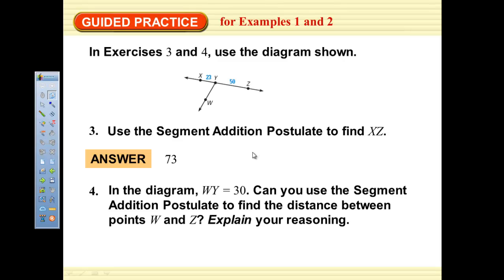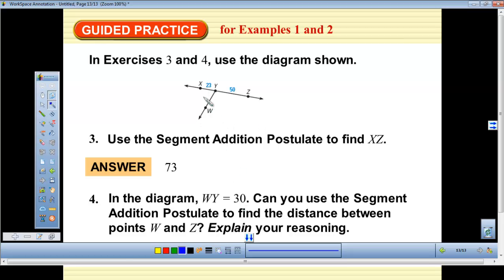For the second part of this, we're going to look at the same diagram, and it says that WY, from here up to here, is 30, and we want to know the distance from W to Z. Now the problem is we don't know what the distance from W to Z is, and that's because W is not in between X and Z. Y is in between X and Z because we can draw a line that connects all 3 of them, but we cannot draw a line that connects, for example, X, W, and Z. So therefore, W is not in between X and Z, so we do not know what the distance from W to Z is.